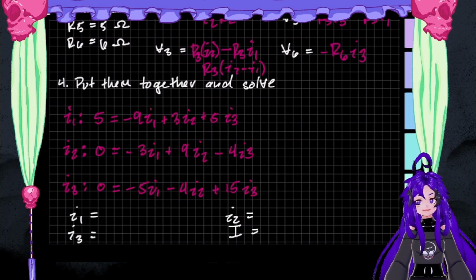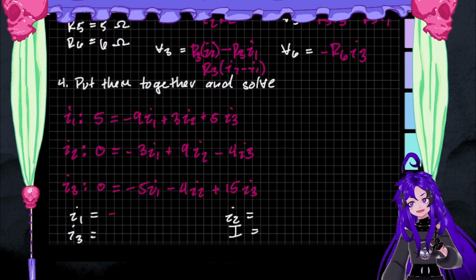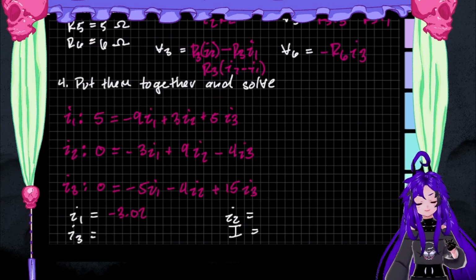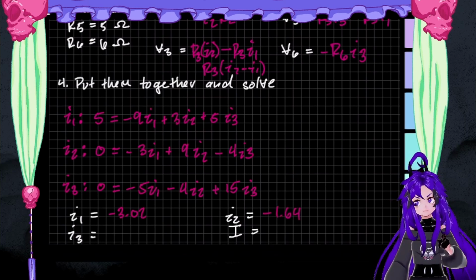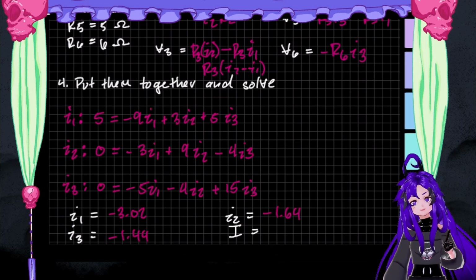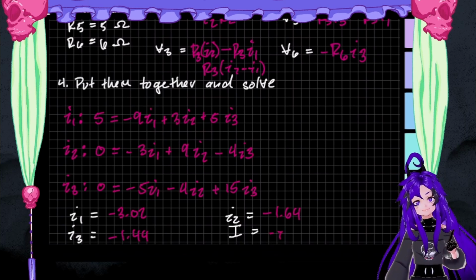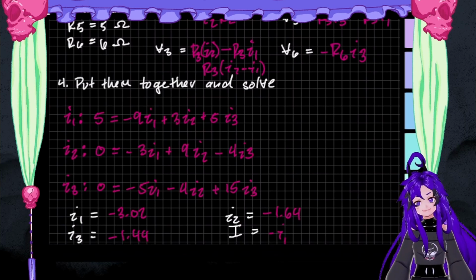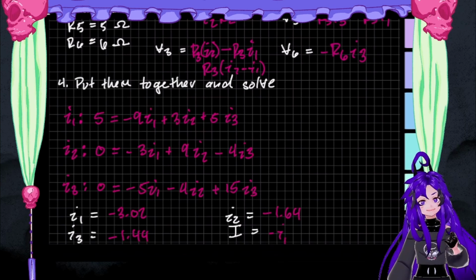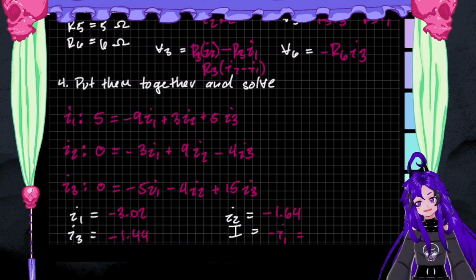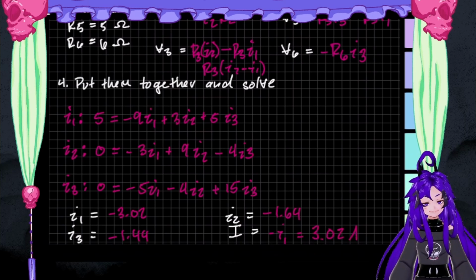And the values we get are minus 3.02 for I1, I2 is minus 1.64, and I3 is minus 1.44. And then, of course, because we know that capital I is minus I1, and we have a negative number for I1, then we know that capital I, the pre-marked current, is 3.02 amps.